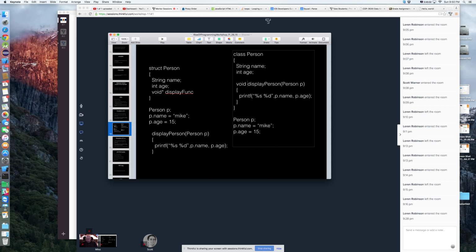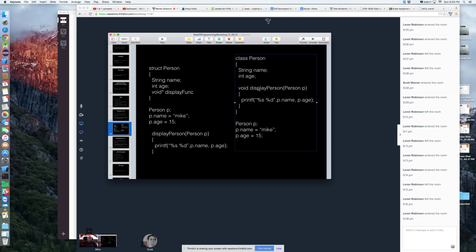This guy would have returned a void, and now we're dealing with C++, so it's no longer printf, now it's cout. I'll just leave it as printf, just let me get away with it. So you get to move the function inside the class now. So now what you can do is you can just say p.displayPerson, and it will go ahead and be able to display the stuff. So it's an organizational tool.